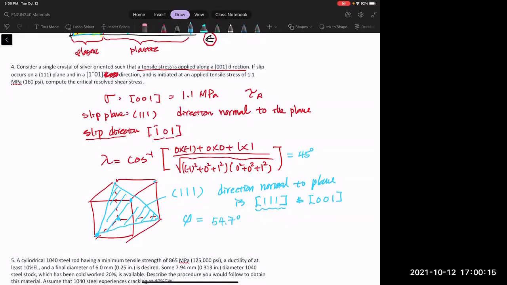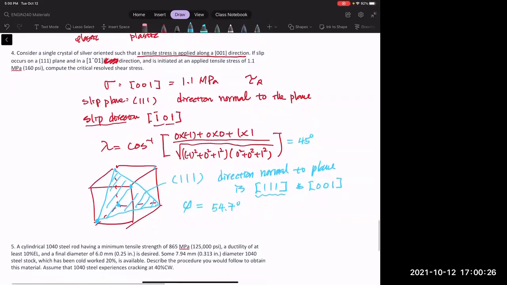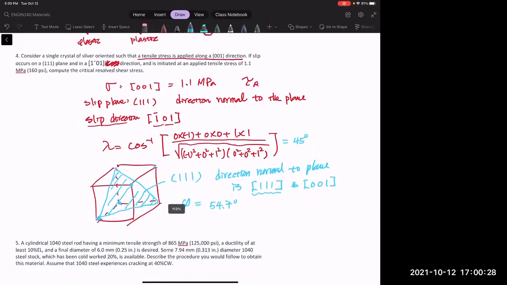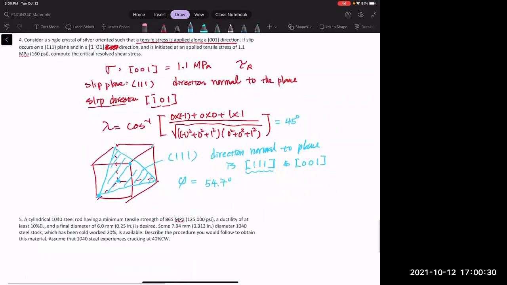Then you put these angles into that equation, and you can find the result. Okay, any question about this problem? You also have some questions in your homework, and you can use this as an idea. I just want to show you how to use those equations to find the angle.